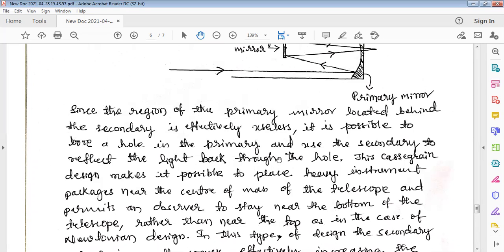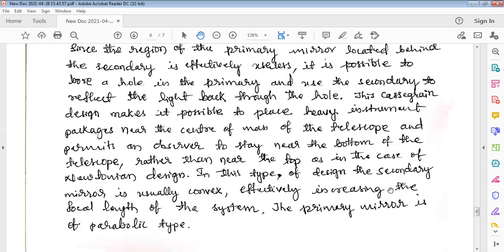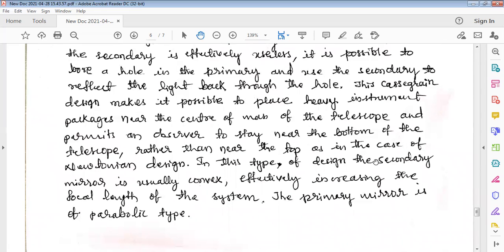So this modification helps an observer to be present behind this concave mirror, near the bottom of the telescope rather than near the top, as in the Newtonian design.